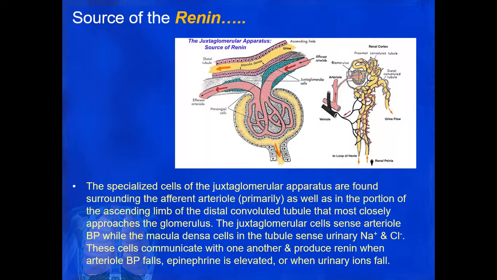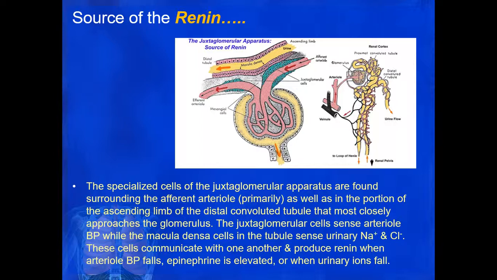Where does renin come from? The source of renin are the specialized cells of the JGA that are found surrounding the afferent arteriole primarily, as well as in the portion of the ascending limb of the distal convoluted tubule that most closely approaches the glomerulus.